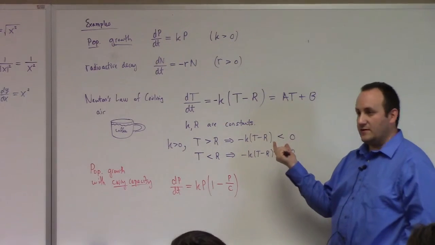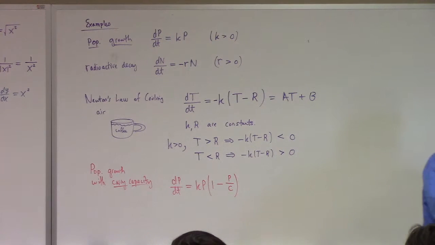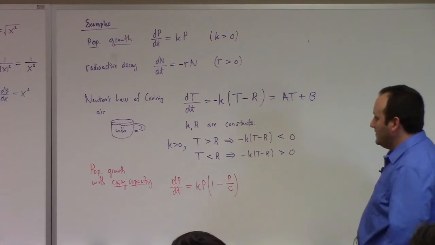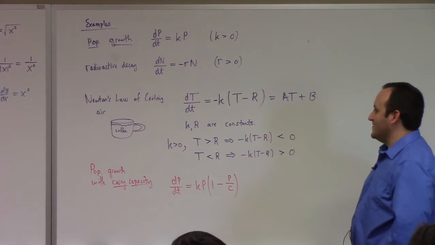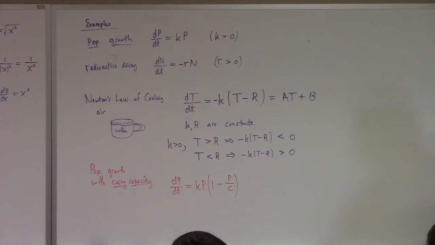So the rate of change of temperature is negative. Temperature decreases. I have a cup of somewhat hot coffee right here. It is not going to get hotter as I leave it on this table. That is the profound result of Newton's law of cooling. It actually is pretty profound that this is a pretty good model for that. That is kind of shocking to me.